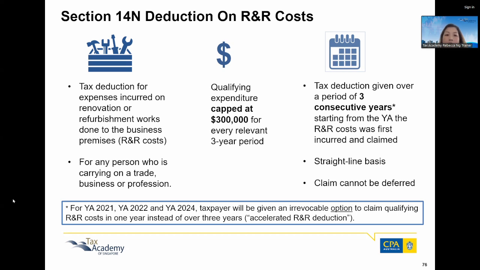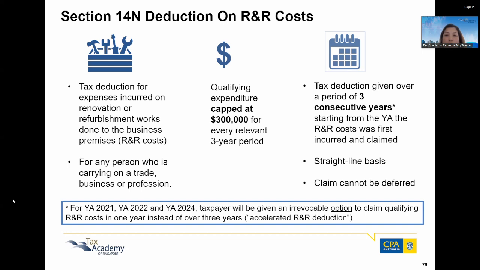And the qualifying expenditure for this renovation and refurbishment cost is 300,000. But this 300,000 is for a period of 3 years. So it's not 300,000 for every year, it's 300,000 for a period of 3 years. And the companies can claim the deduction on the qualifying expenditure incurred for each of the year that they have incurred over 3 consecutive years. Okay, and this deduction cannot be deferred.